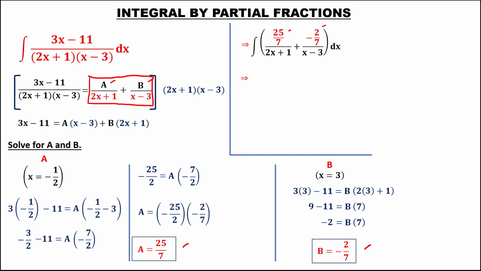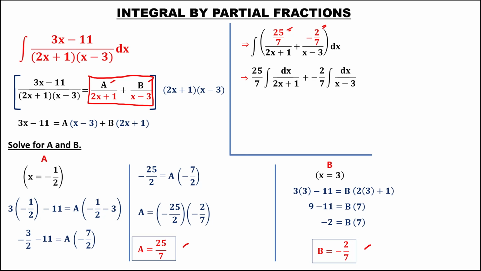Then to evaluate the integral, just put the constants outside. So this becomes 25 over 7 times the integral of dx over 2x plus 1, plus negative 3 over 7 times the integral of dx over x minus 3.